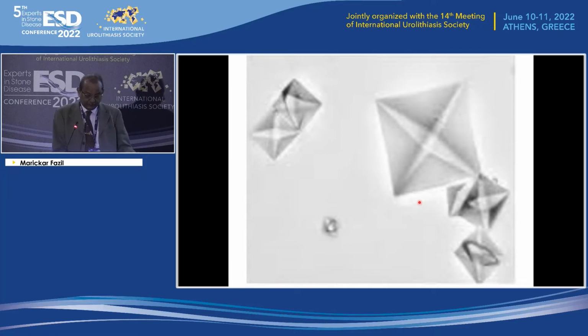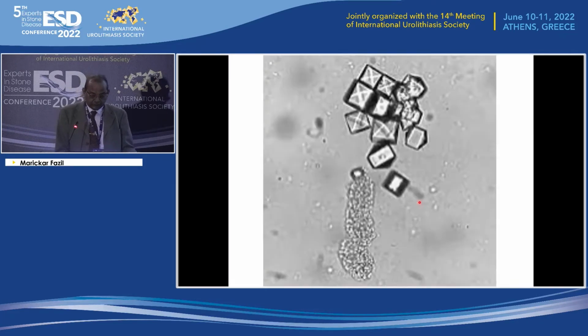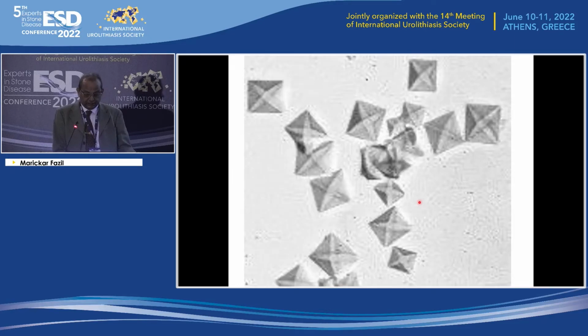It is not present in 12% of asymptomatic people, but if there is a large crystal or a crystal aggregation or clumping, and particularly when the crystals are more in the early morning urine, we consider them pathological. We have to consider that these crystals are the forerunners of calcium oxalate monohydrate crystals.